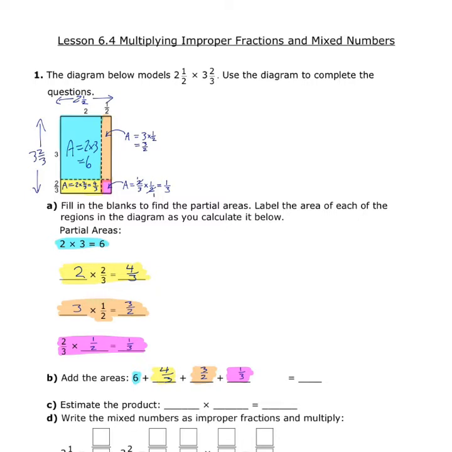Okay, so now to add these 4 parts together, we're going to have to do a little bit of work for that. So let's see how we can do this. I'm going to take this work up over here to do it.